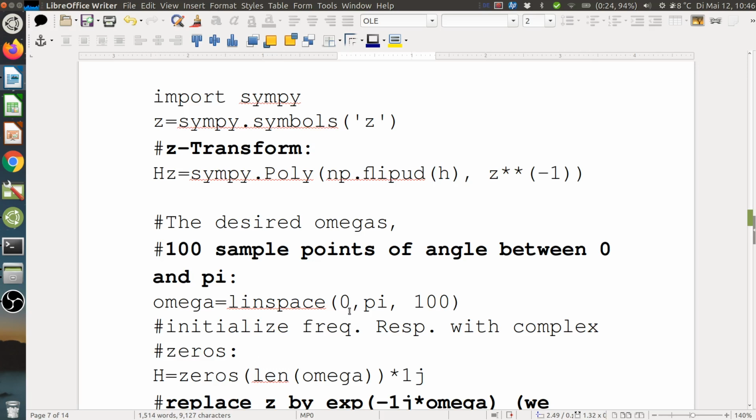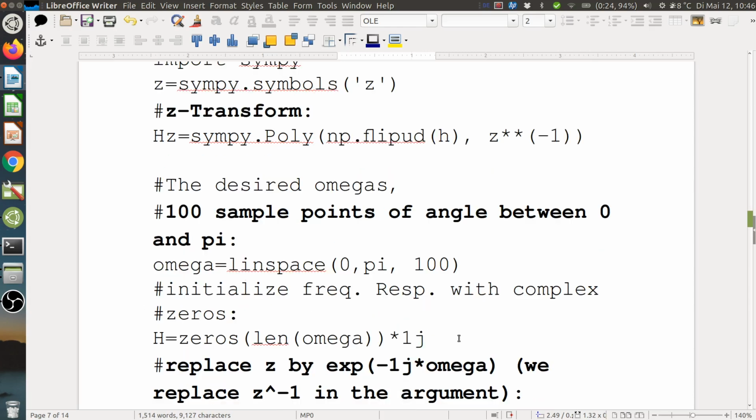So here we sample it between 0 and pi in 100 steps. So this is then our angle omega. Remember, we just need the positive frequencies because here we just have real valued coefficients. The negative frequencies would be symmetric. So this is then our angles uniformly sampled between 0 and pi.